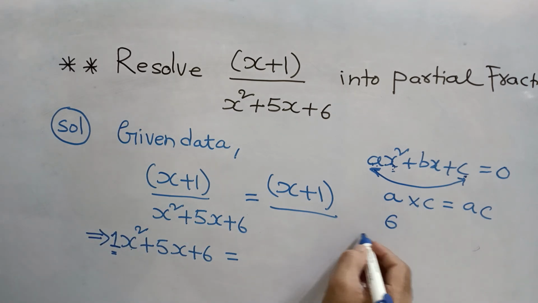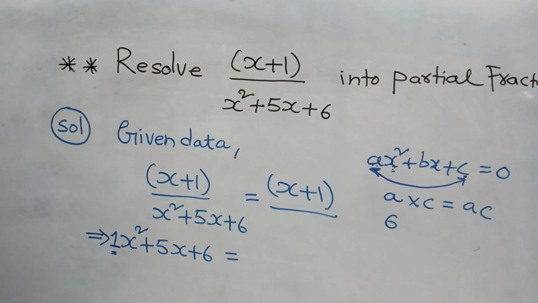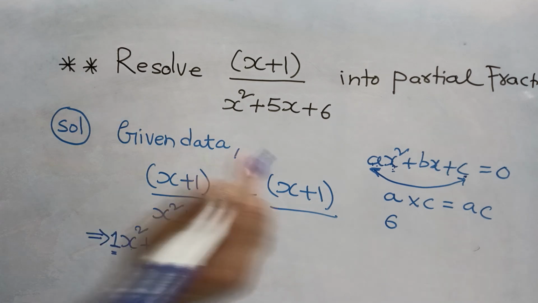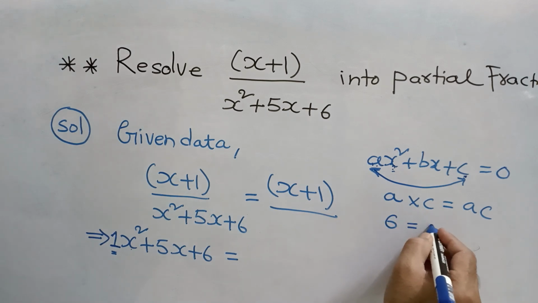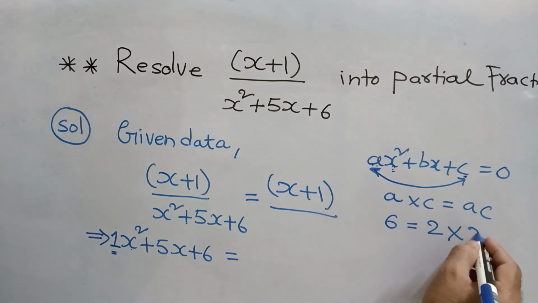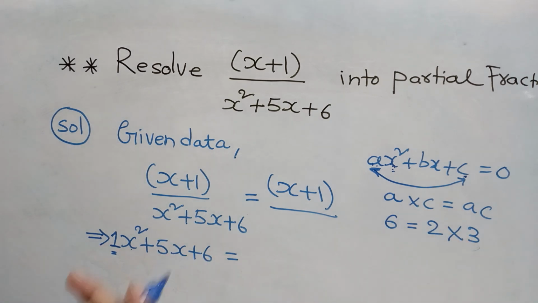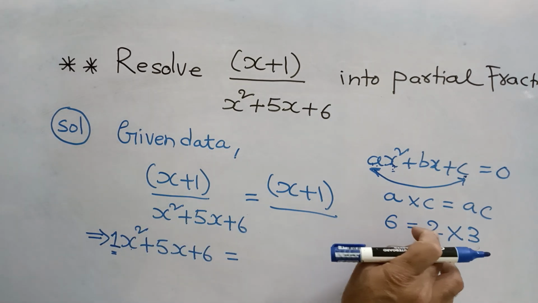6. Then you take any two numbers whose product is 6. 6 is nothing but 2 into 3.